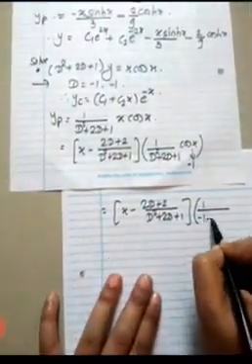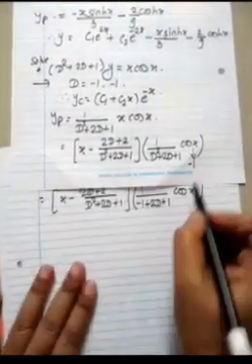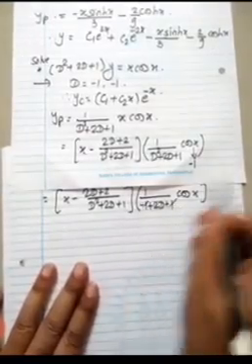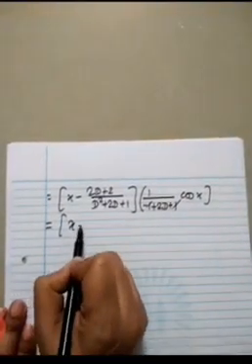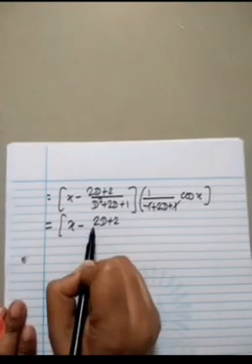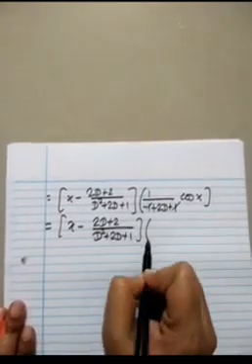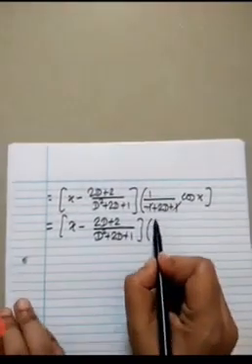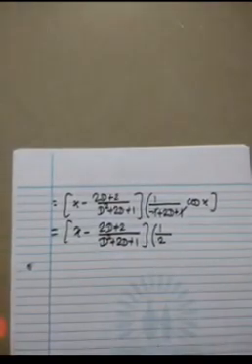So it is 1 upon minus 1 plus 2D plus 1 cos x. Minus 1 plus 1 cancels. So it is x minus 2D plus 2 upon D square plus 2D plus 1 into 1 upon 2D cos x. 1 upon 2, right? And 1 upon D cos x.